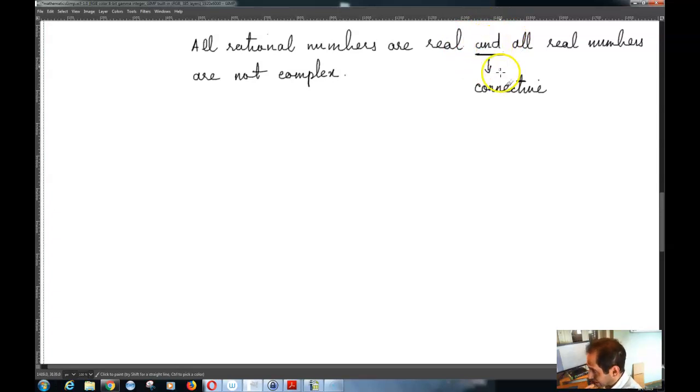So that means that and has connected the two component statements.